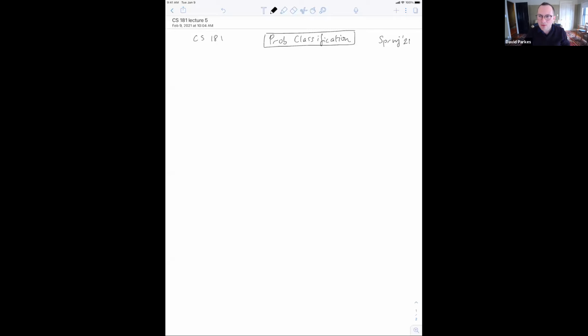As we get started, I want to recall that last week we were saying that the predicted class for example n is 1 if the discriminant is positive and -1 otherwise. That's what we did last week.